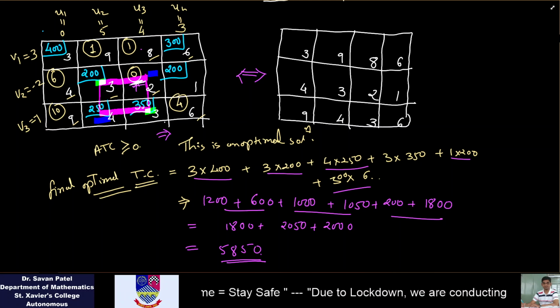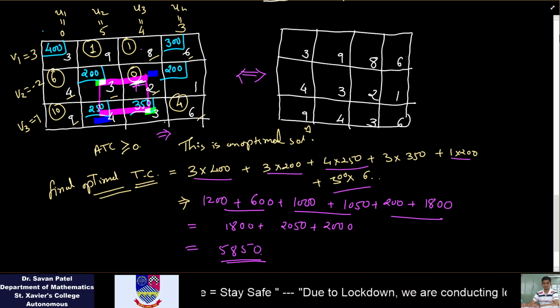From the negative corners, you have to select the minimum. So the minimum of 200 and 350 is 200. So we will add 200 here and here and subtract 200 in these two corners. Here this 400 is as it is, so I am writing it as it is. Here 300 is also as it is. Here this 200 is also as it is.